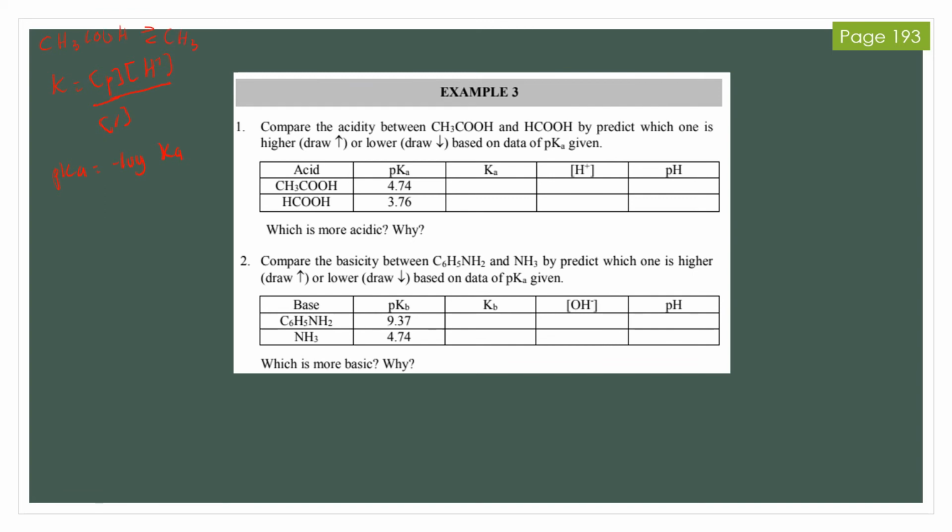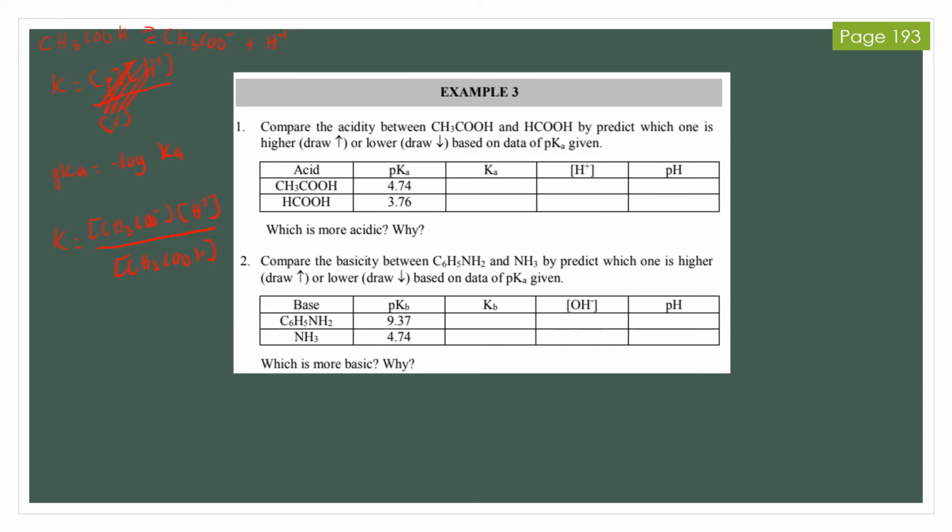Plus H plus. So, ini padam balik. K awak sama dengan CH3COO minus H plus divided by the CH3COOH. Okay.